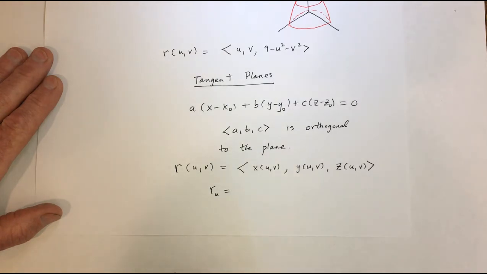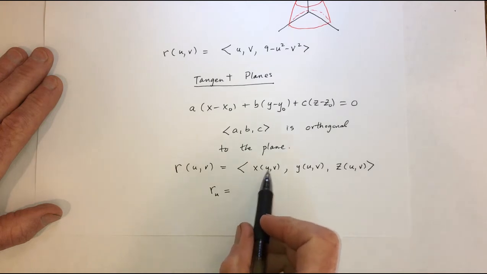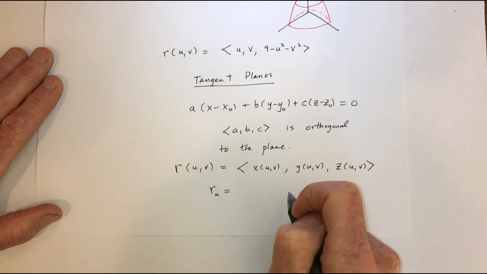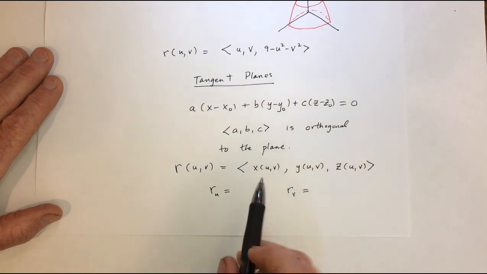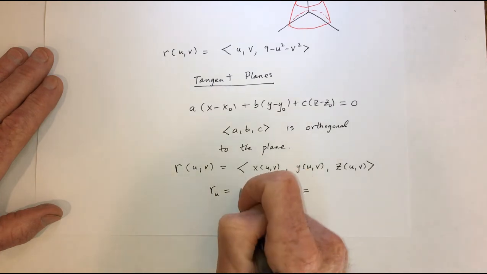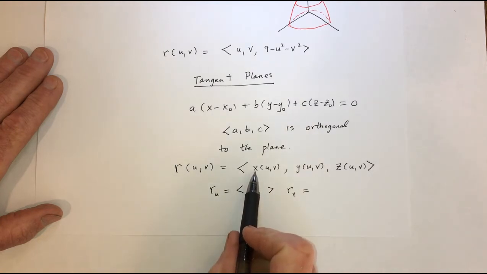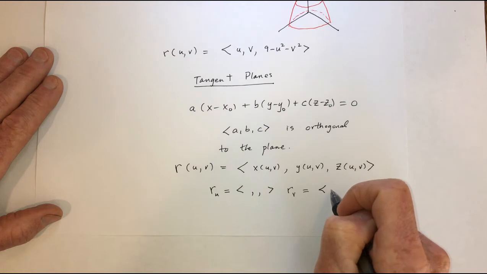There's the derivative with respect to u, and then there's also the derivative with respect to v. Each one of these is a vector valued function where you took the derivative of each component, and so you have these two vectors.